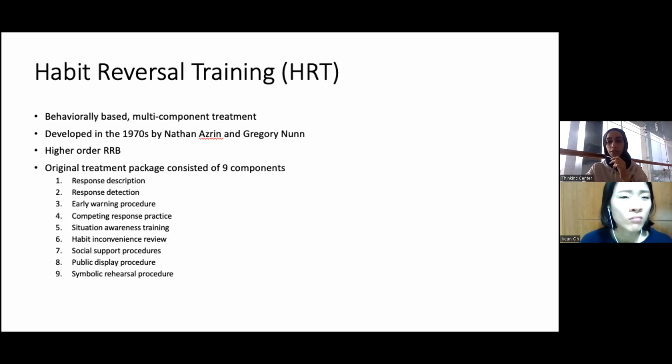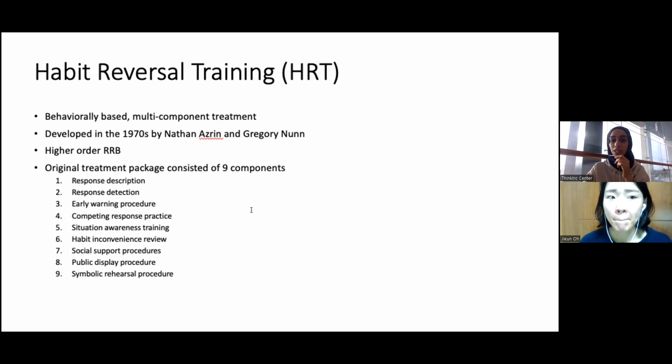It was developed in the 1970s, and it is usually used with higher order restricted and repetitive behaviors, for example, for individuals with Tourette's, individuals with tics, or typically developing adults who have repetitive behaviors that are outside of their control, like repeating phrases or movements that they don't want to be doing.